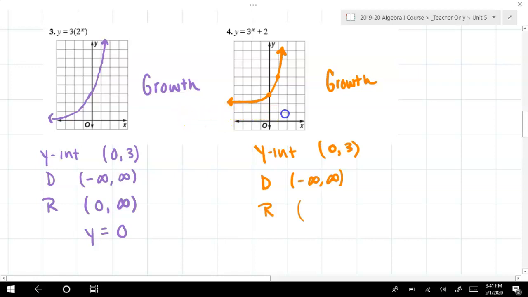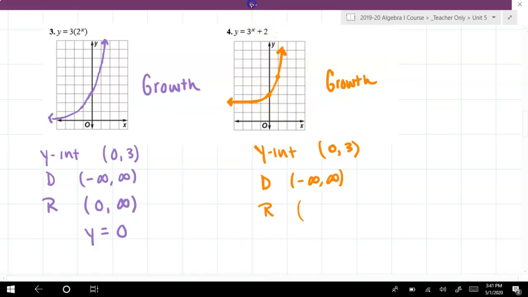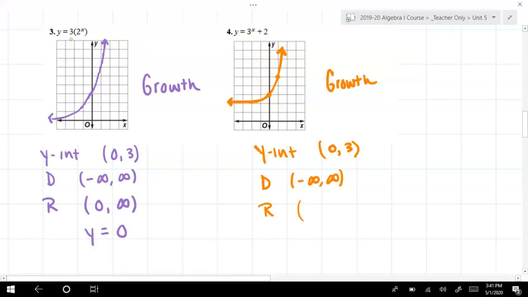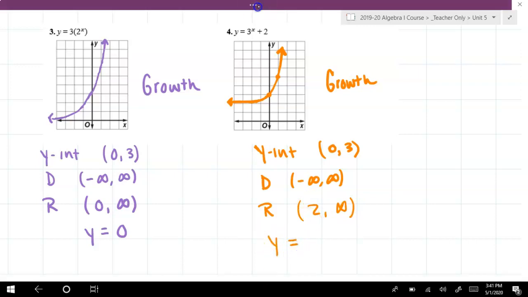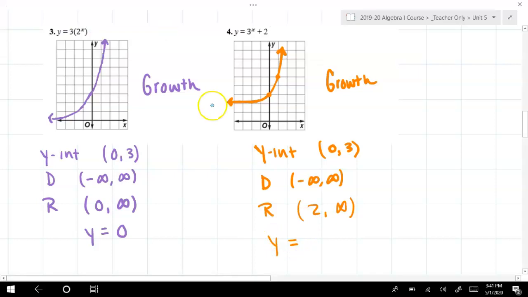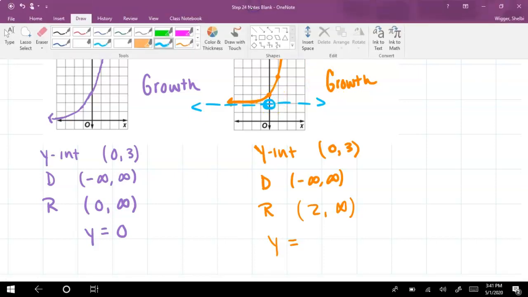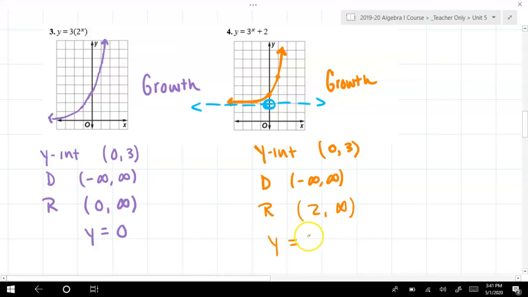So the range, the y values start at 2 and go up to infinity. The horizontal line that the graph doesn't touch or cross is at y equals 2.